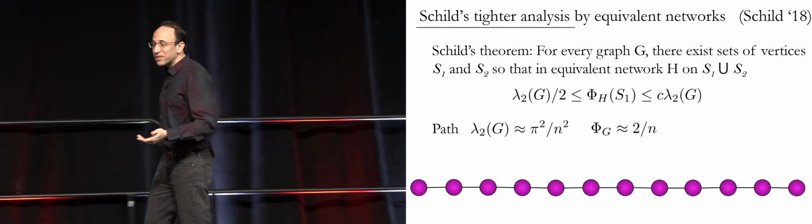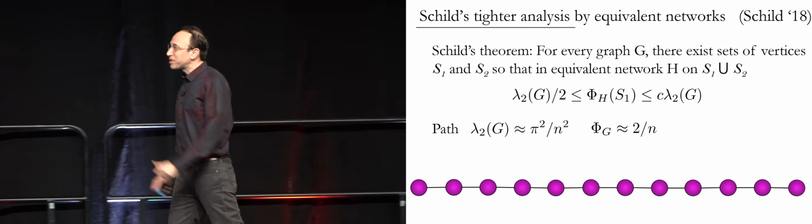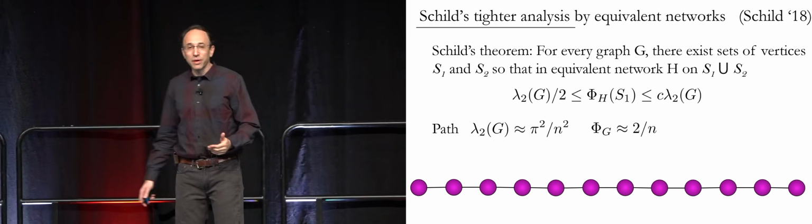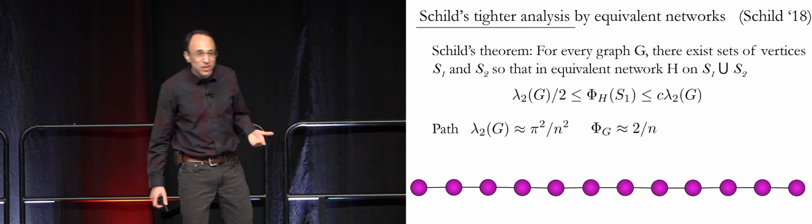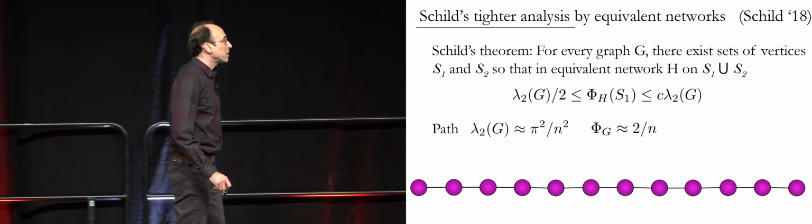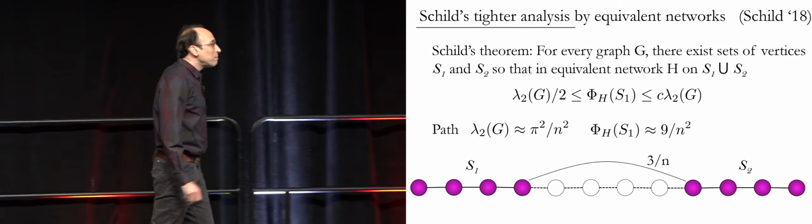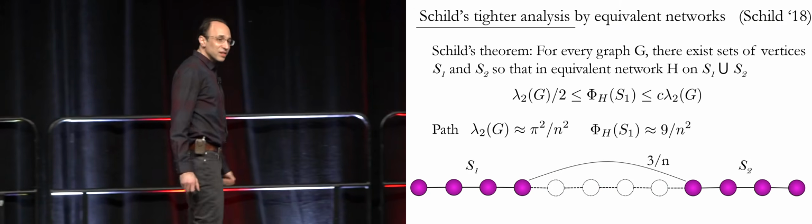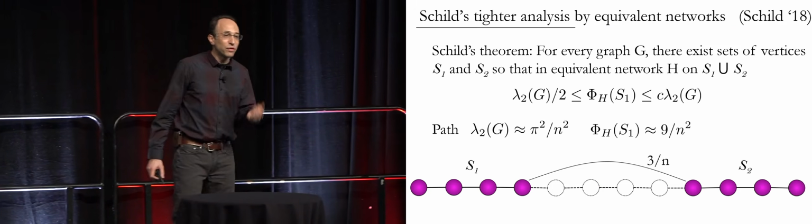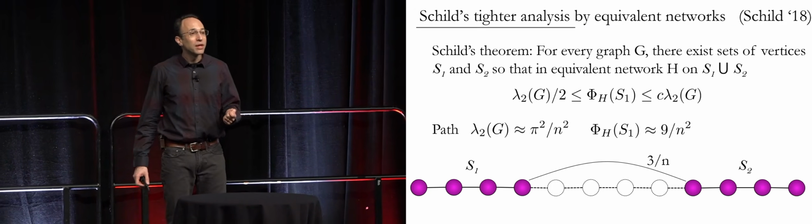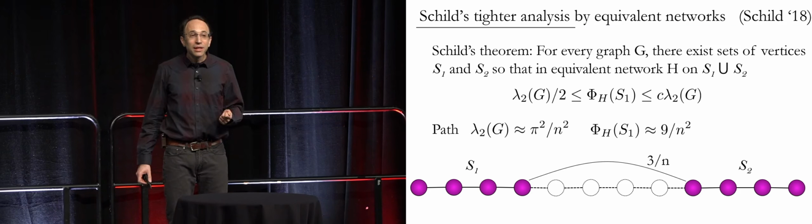So to explain what this does for the path graph, let's say we have a path graph. Again, there's a big discrepancy between conductance and lambda 2. Lambda 2 is like 1 over n squared, conductance is like 2 over n. Eliminate the middle third of the vertices. If you eliminate the middle third of the vertices, you replace those n over 3 vertices by one spring that's very weak. It now has a spring constant of 3 over n.